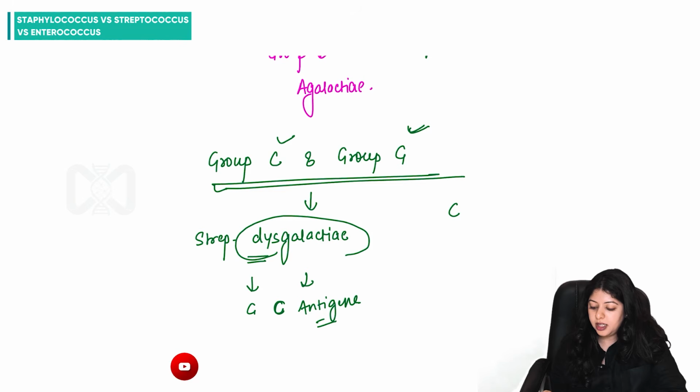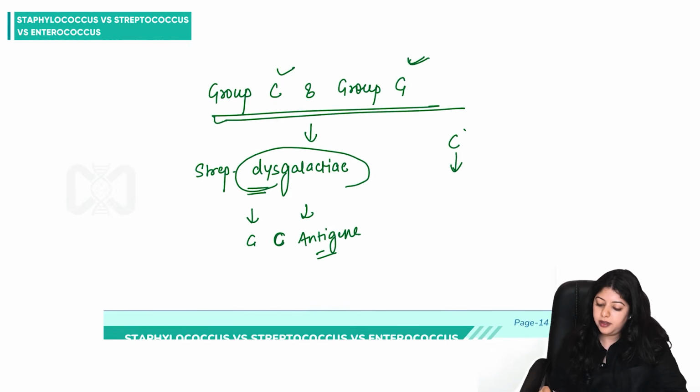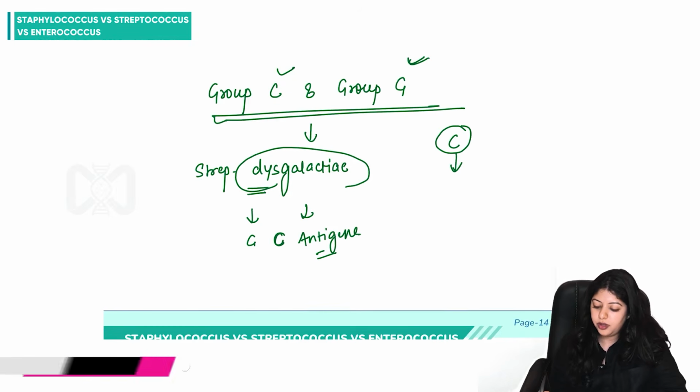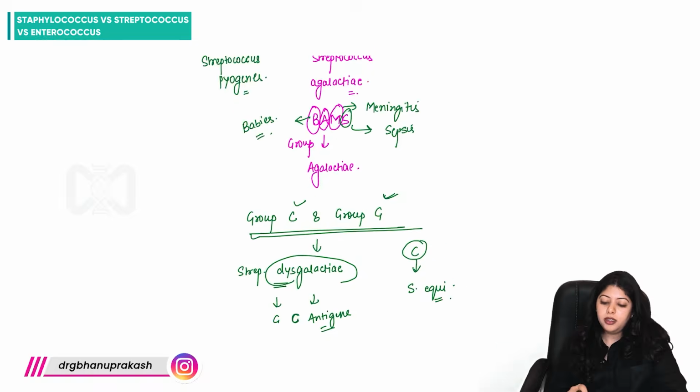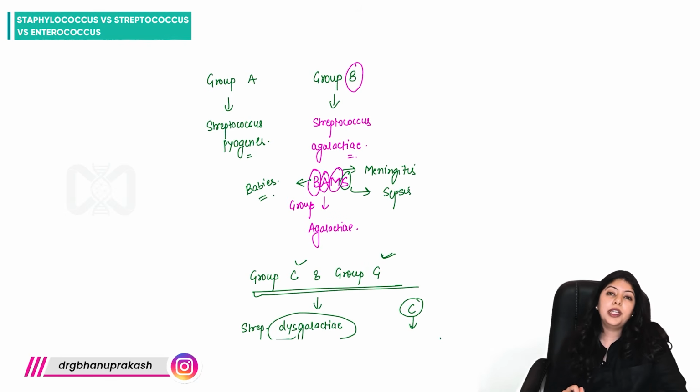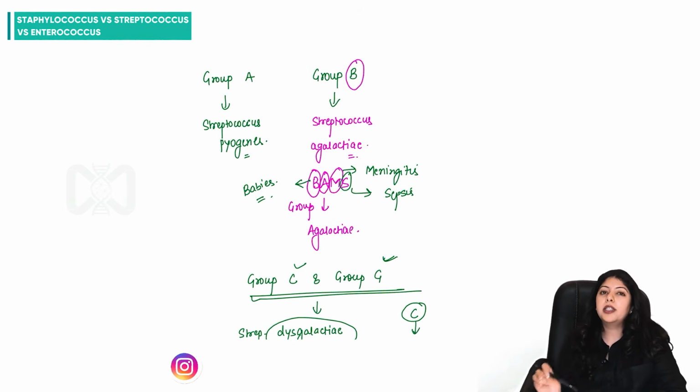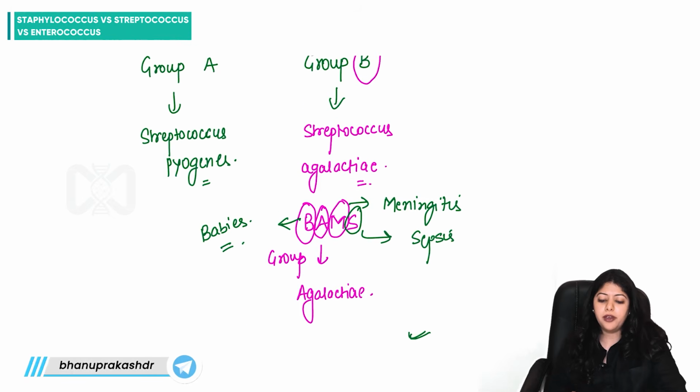And group C also includes Streptococcus equi. So these are all beta hemolytic streptococci. We are not considering alpha hemolysis or no hemolysis. These are all beta hemolytic streptococci, which would be further typed.